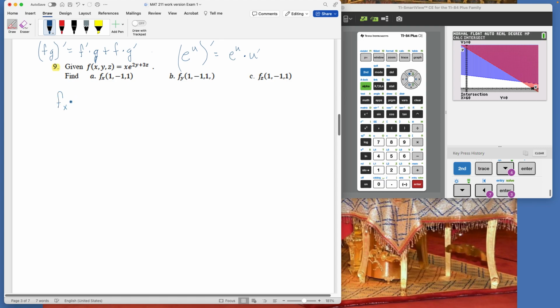So I'm just going to do it in general. Partial derivative of this function with respect to x, I take the derivative of x, that is 1, right? Derivative of x is 1. E to the 2y plus 3z, these are all constants. This is all a constant, so it tags along for the ride.